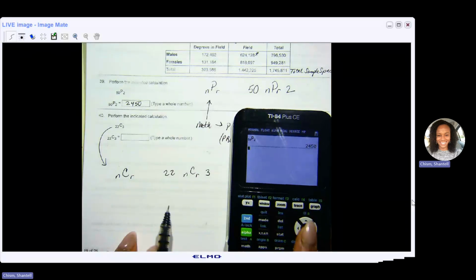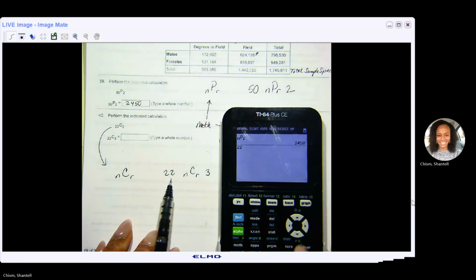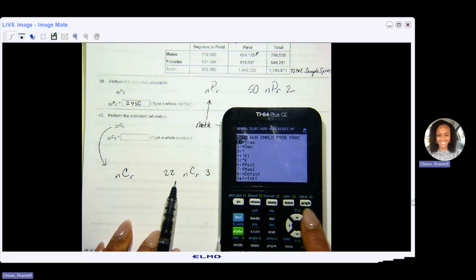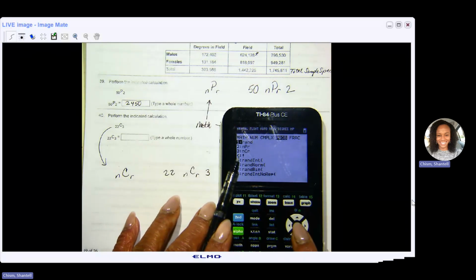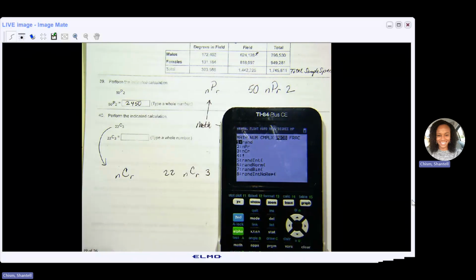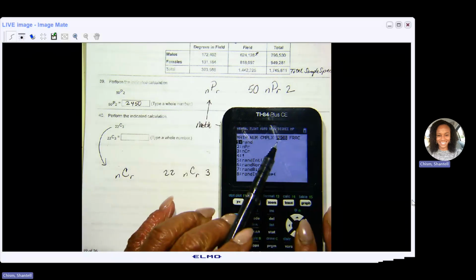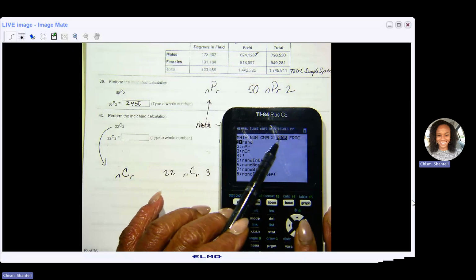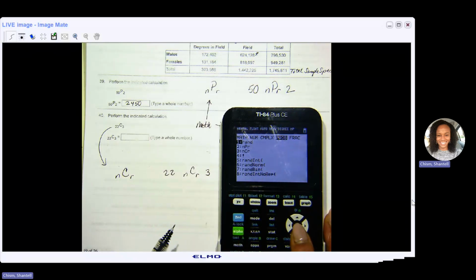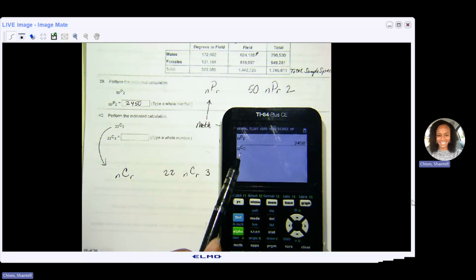22. Then I press math. I go over to PROB, and it's number 3 on my calculator. It'll be 2 or 3 on your calculator. nPr is 2, nCr is 3. And again, if you have the old operating system, they may shorten the probability. They may just have PRB. So I go down to number 3. I already told the calculator what the n was. Now I have to tell it what the r is.